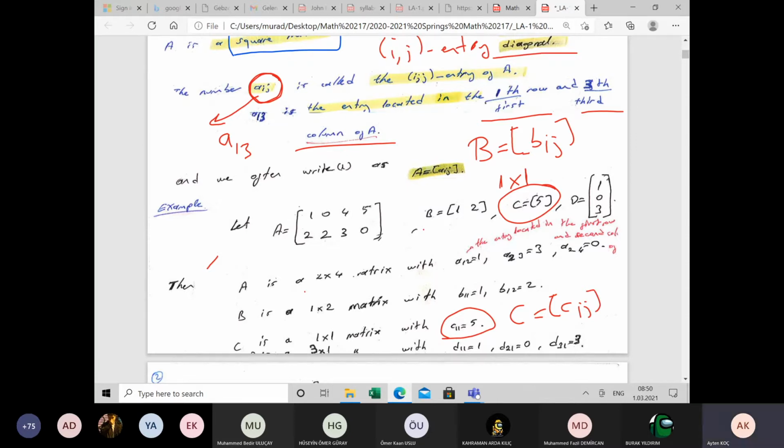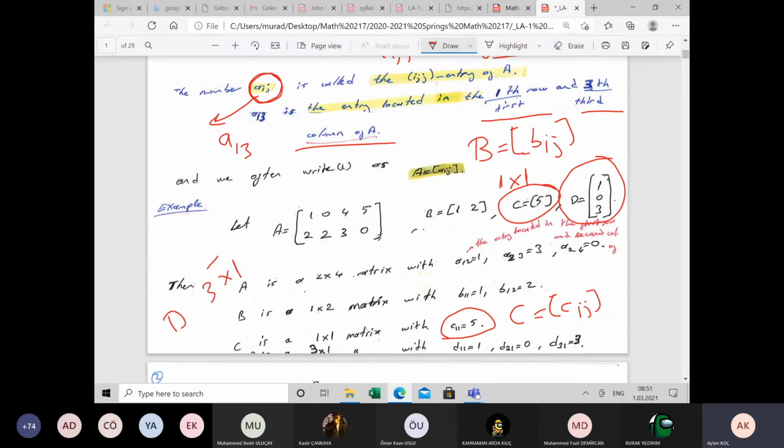It's okay. Look at the last matrix, D. What's the dimension? It contains 3 rows, so D is a 3 by 1 matrix.